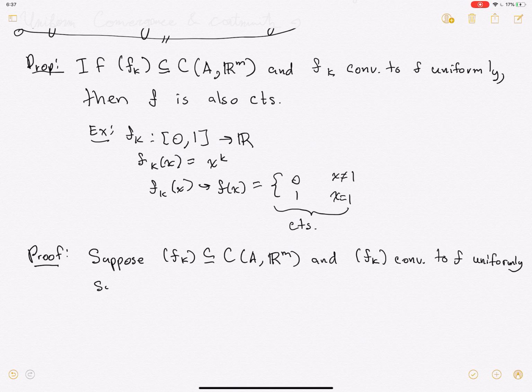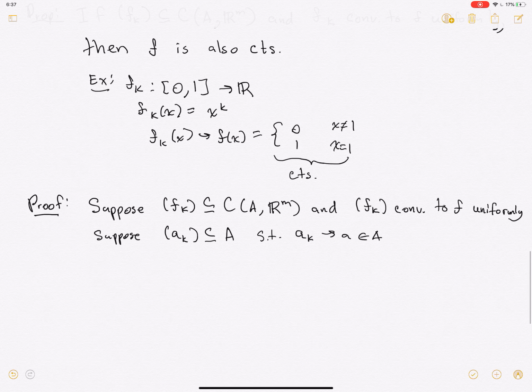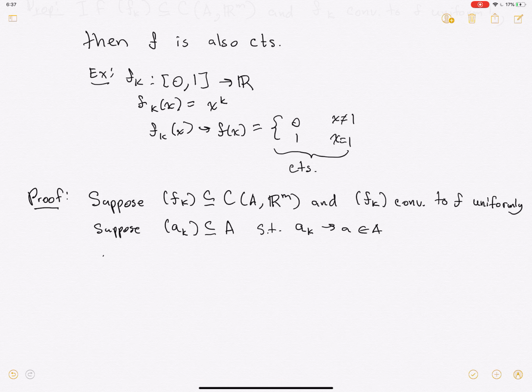Now suppose there was a sequence a_k in the domain A such that it converged to a in A. Now we claim that f(a_k) converges to f(a), which by the characterization theorem that we looked at means this would imply that f is continuous.